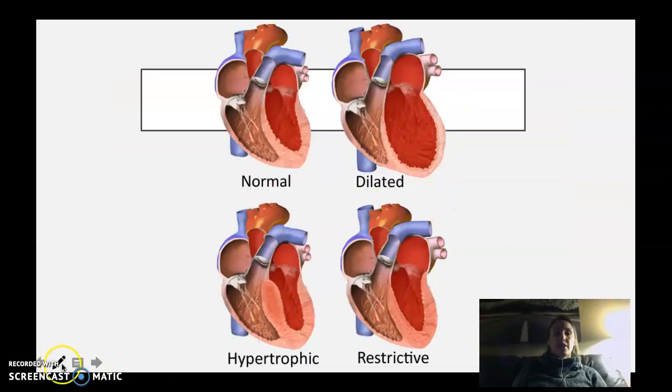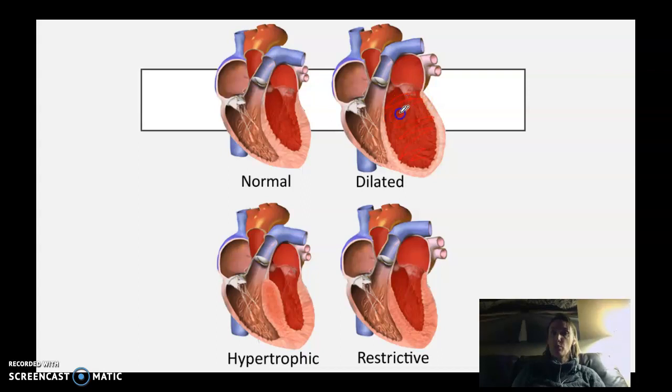So here's another diagram showing our normal heart and the hypertrophic cardiomyopathy that we just looked at. Now we're going to look at dilated cardiomyopathy. You'll notice this ventricular space is huge. So it's not a filling problem.